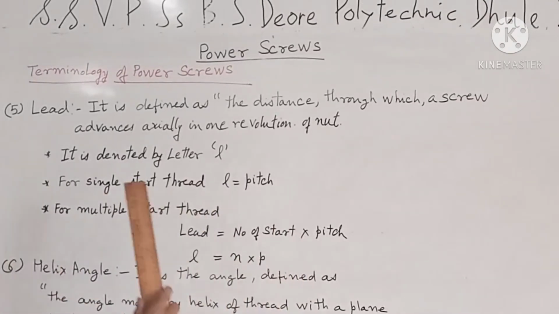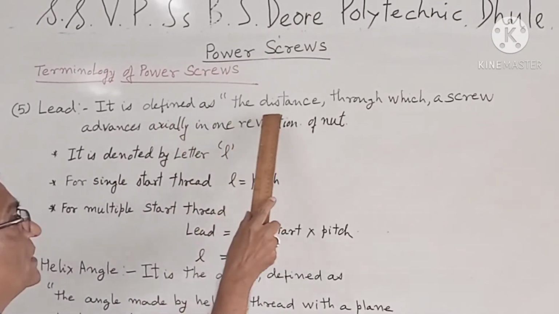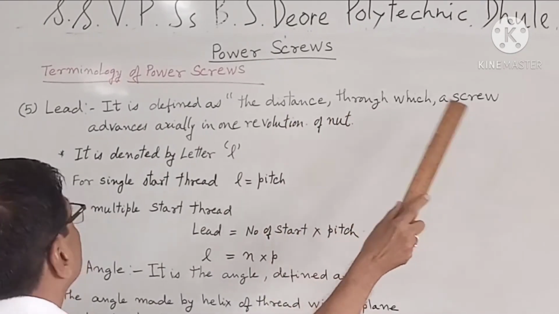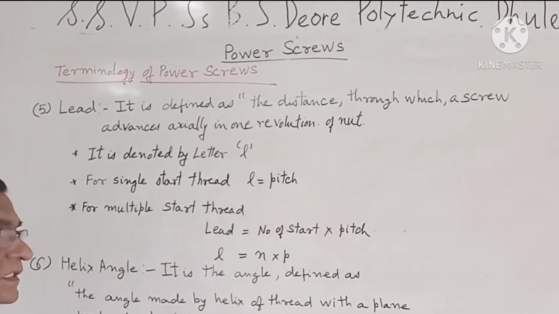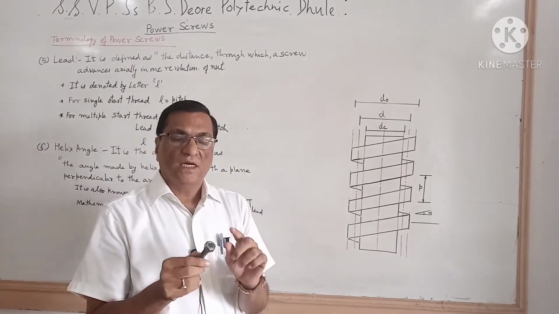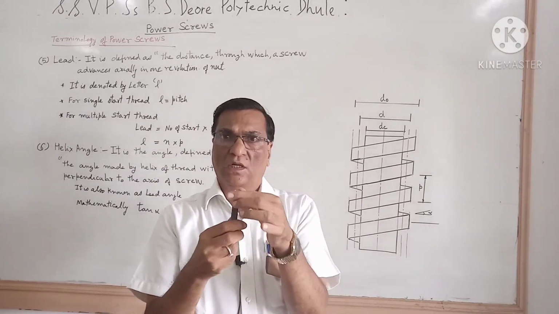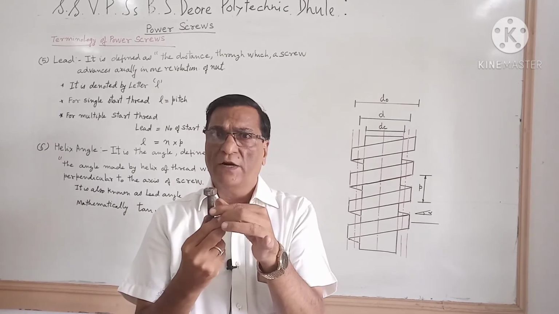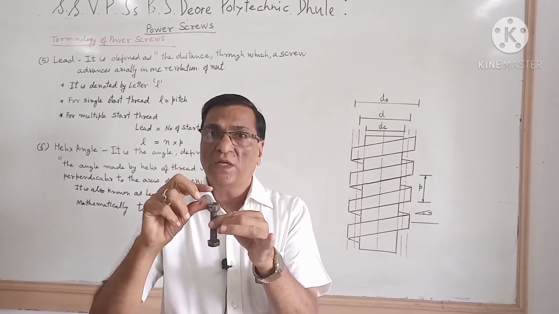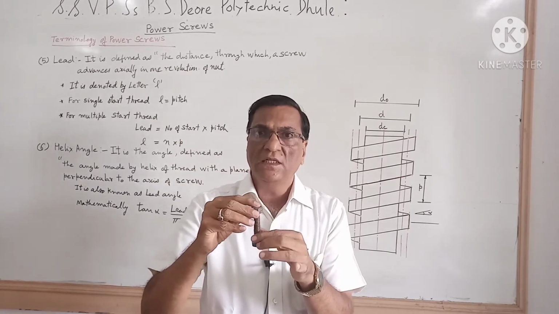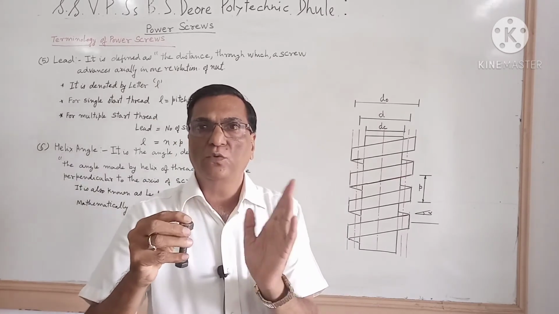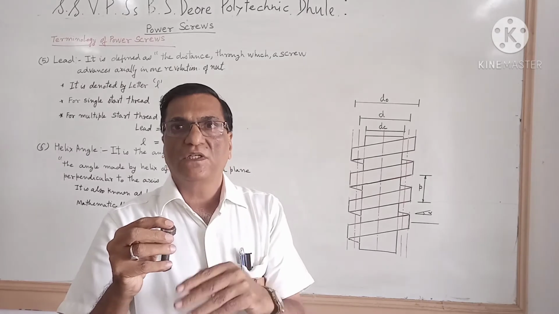Lead. It is defined as the distance through which a screw advances actually in one revolution of the nut. Suppose this is a nut and this is a screw, and in one revolution the advancement of the screw is known as lead. For single start thread, lead is equal to pitch.